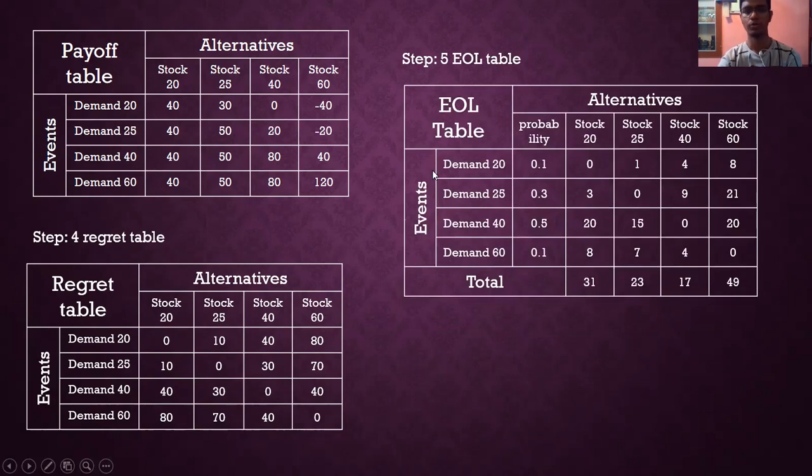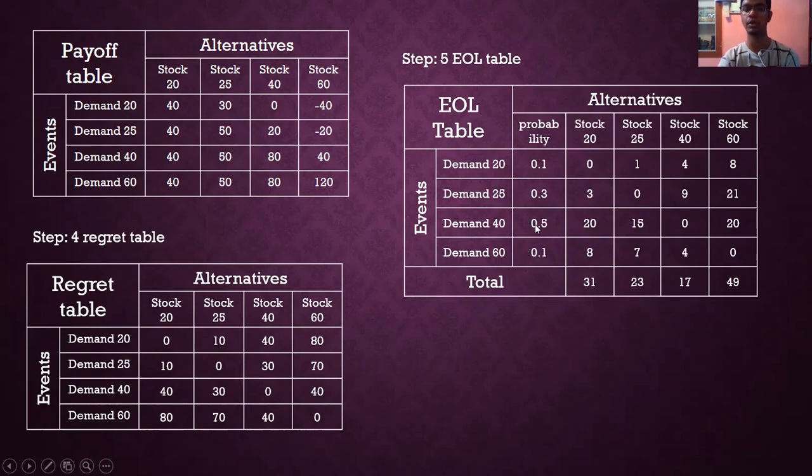So to find the EOL table, first we have to write the demands. So events and demands. Here the demands which we have written are demand 20, demand 25, demand 40, and demand 60. So these are the four demands. Next we are going to write the probabilities.